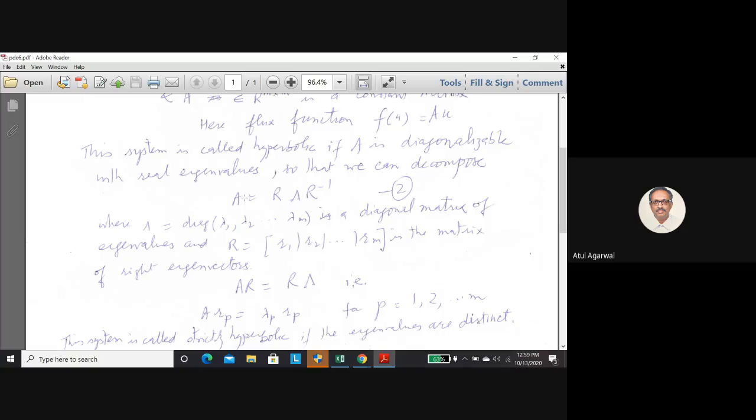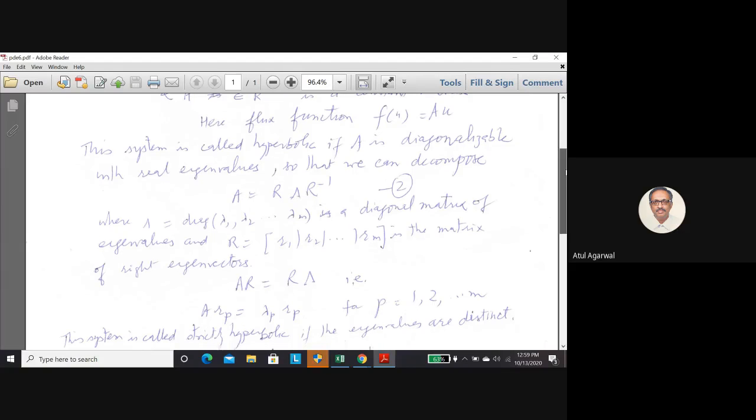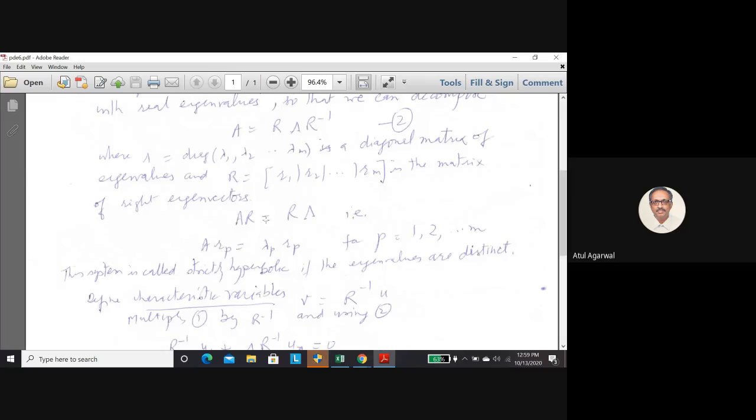You multiply it by the R here, so it becomes A into R equals R lambda. Your matrix R was this, eigenvectors written as columns. So AR is equal to R lambda. If you expand this, you will get A into Rp is equal to lambda p Rp.